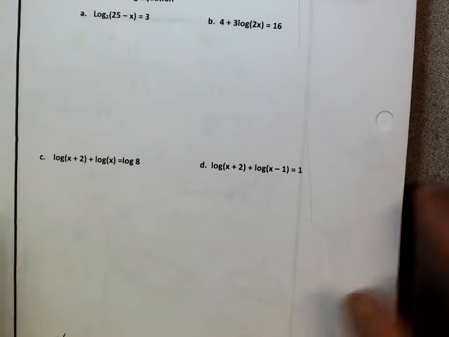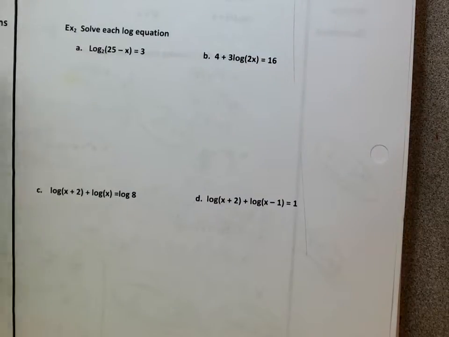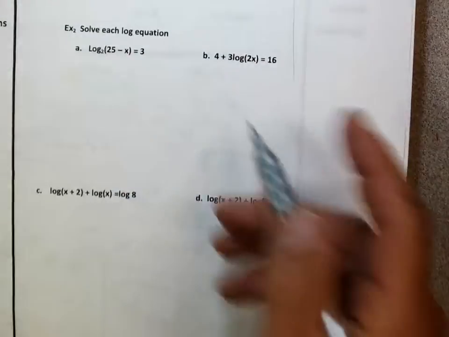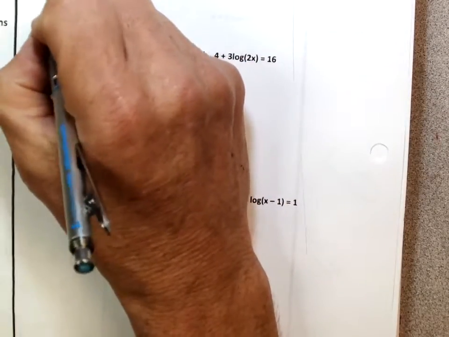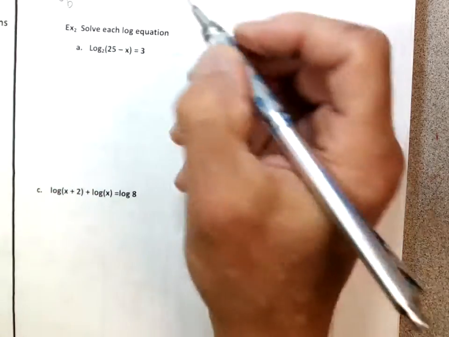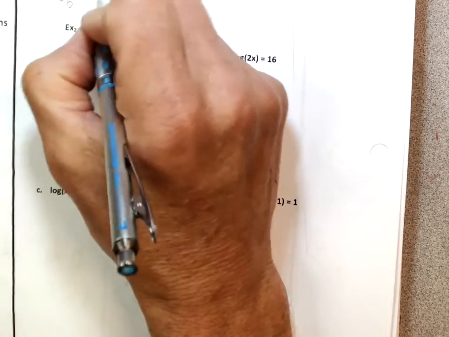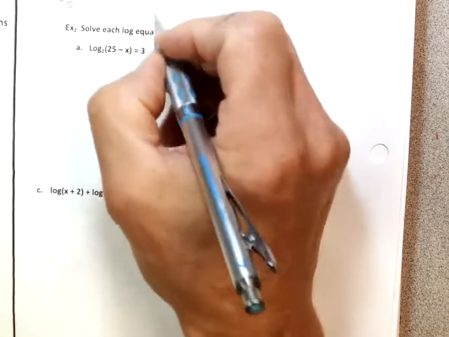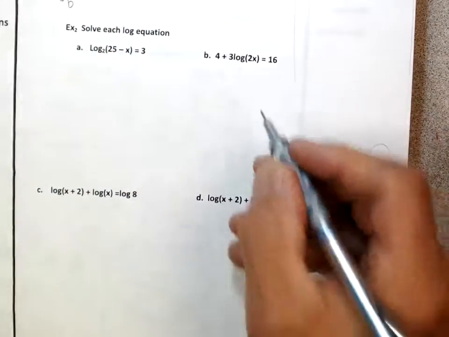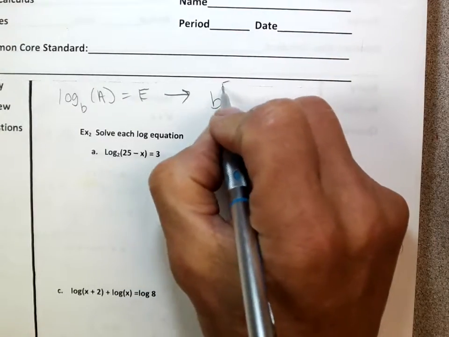Okay, turn the page. Now we're going to solve log equations. The big key to log equations is being able to shift from log form. Write this down. If I have log base b of an answer equals an exponent, we can rewrite this as the base to the exponent equals the answer.